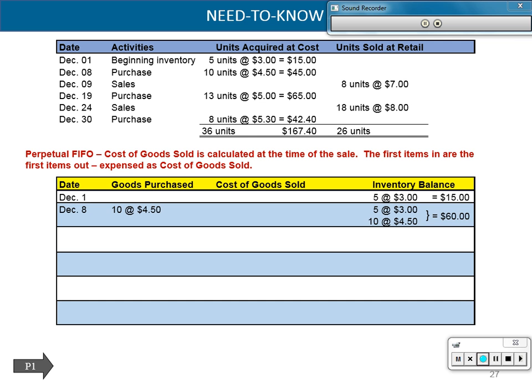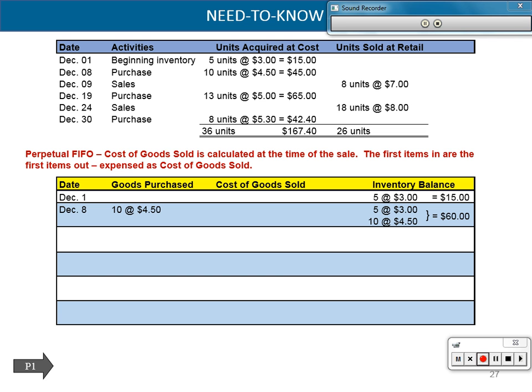Let's try FIFO. We know the beginning inventory was 5 units. We purchased 10 more units, so they gave us a total of how many? 15 units, and there were 5 at $3 and 10 at $4.50, right? On December 9th, we sold 8 units.